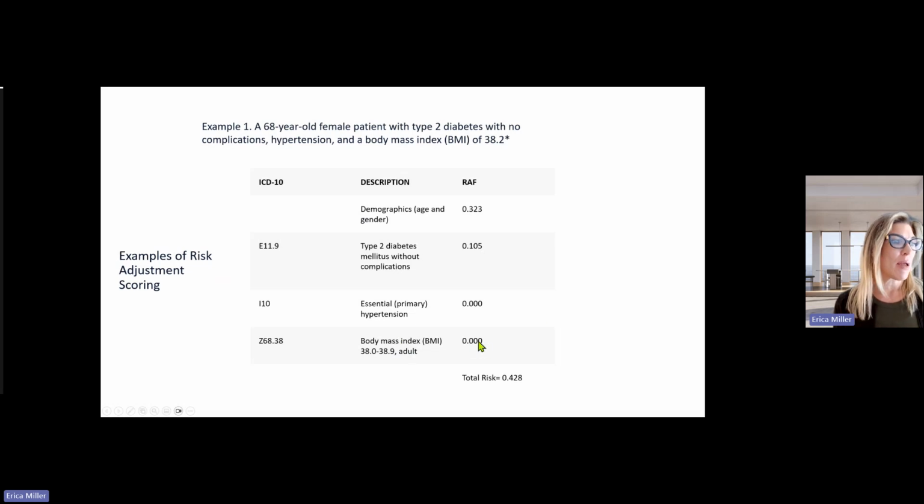And her BMI does not put her at risk either, so that's going to also have zero points assigned to it. Now, total risk 0.4.